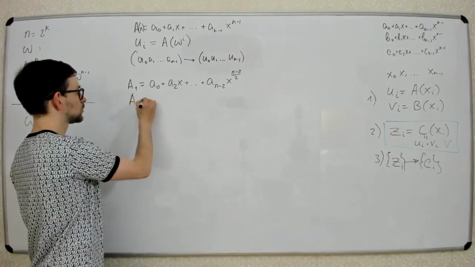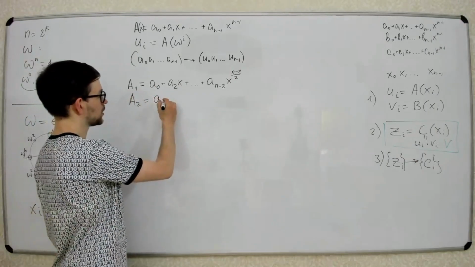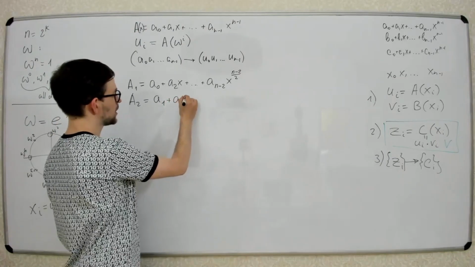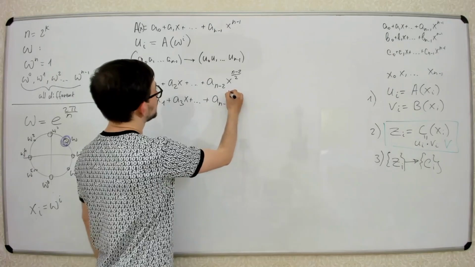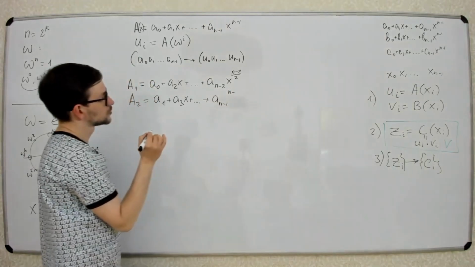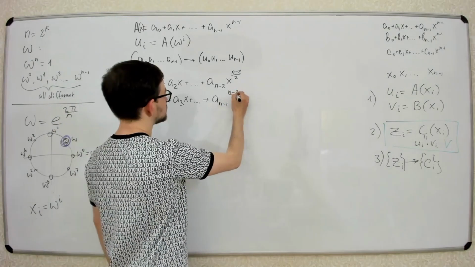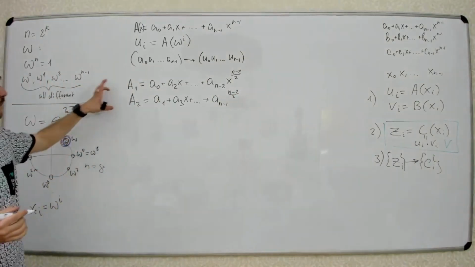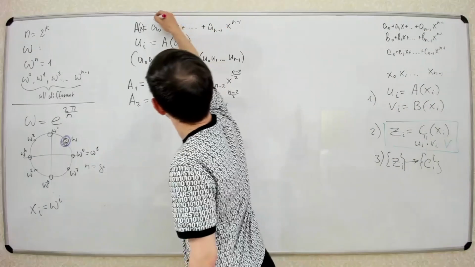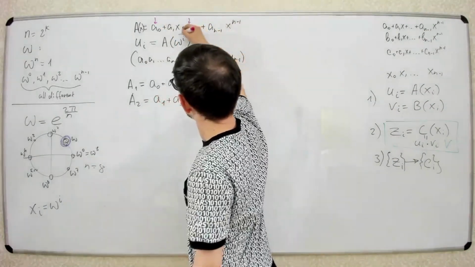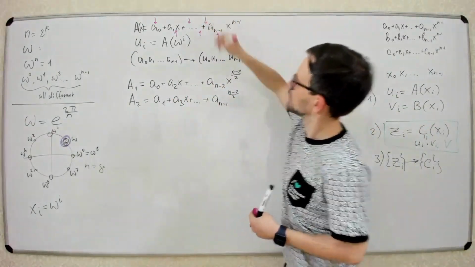And polynomial a2 will be the polynomial of odd coefficients: a1 plus a3 x plus and so on plus a n minus 1 x power n minus 2 over 2. So again, I take all the even coefficients in one polynomial and all the odd coefficients in another polynomial, like this.